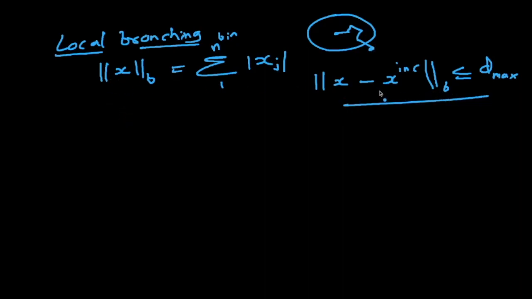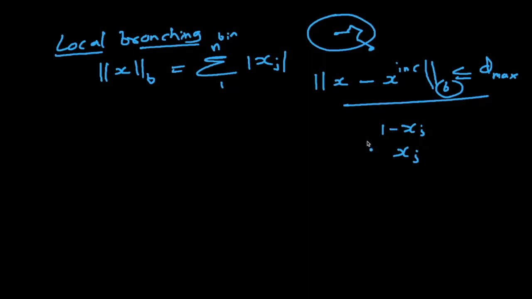Simple local branching. And why are we using the binary norm in the first place? Because if we use this binary norm, then the constraint that the binary norm should be less than or equal to d max can be represented as a linear constraint. It's a very simple thing to do, right? If in my incumbent xj is 1, then I write 1 minus xj, and if it is 0, then I just write xj, right?